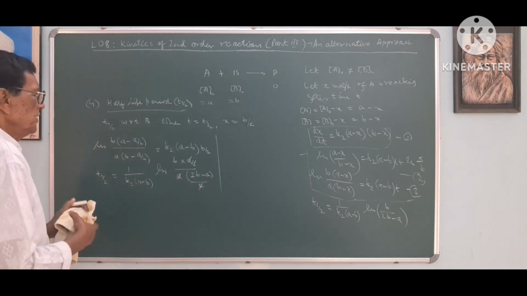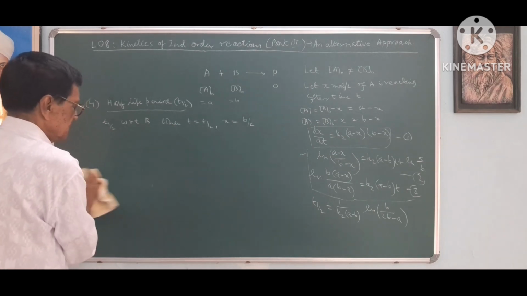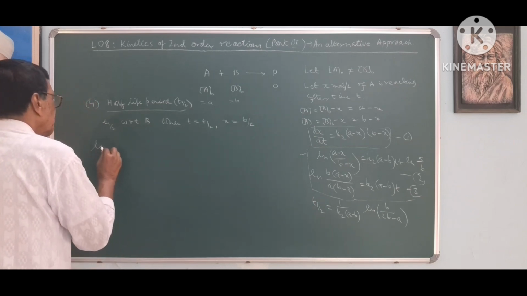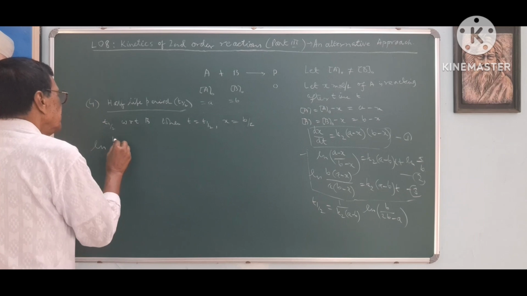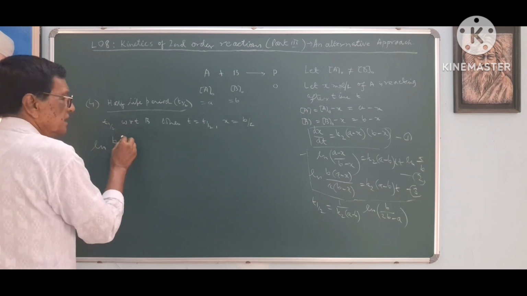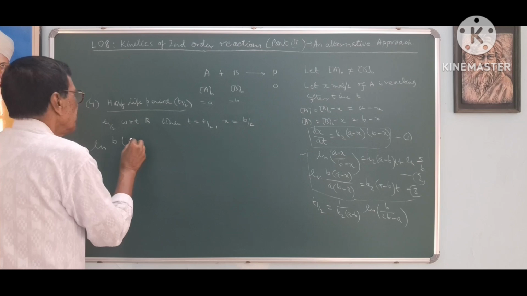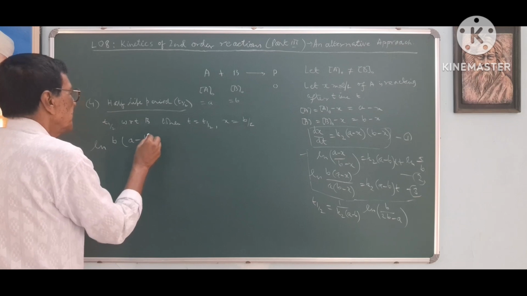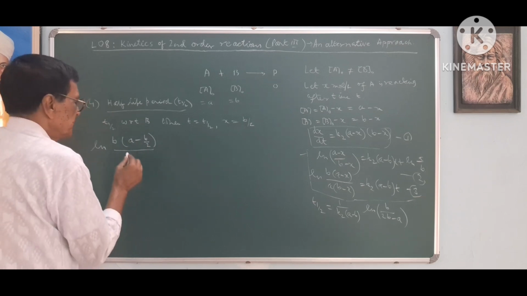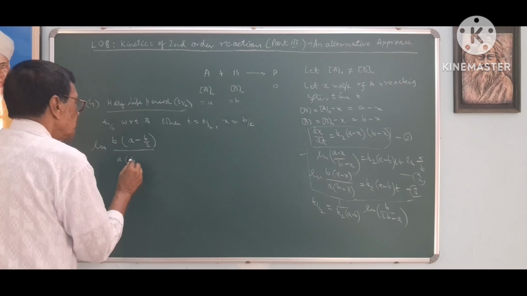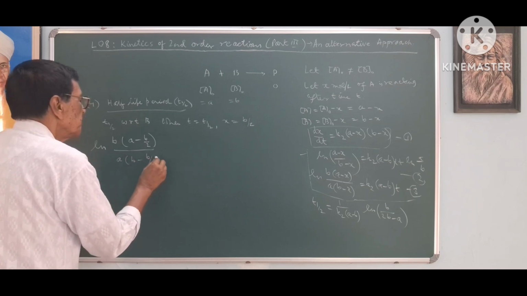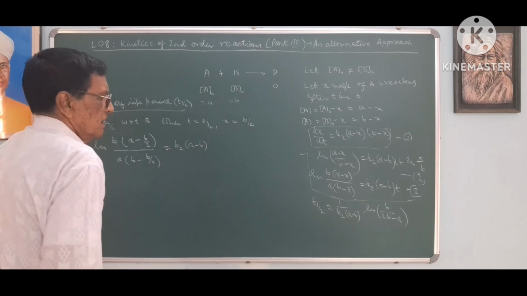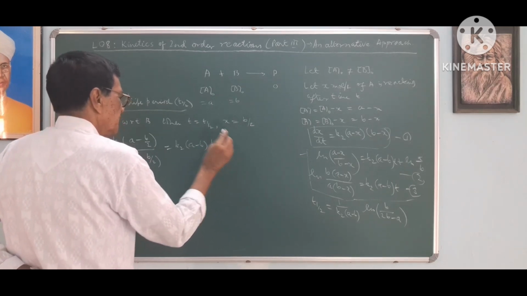Then again using equation number 3, ln of B into A minus B by 2, divided by A into B minus B by 2, equals K2 into A minus B into t half.